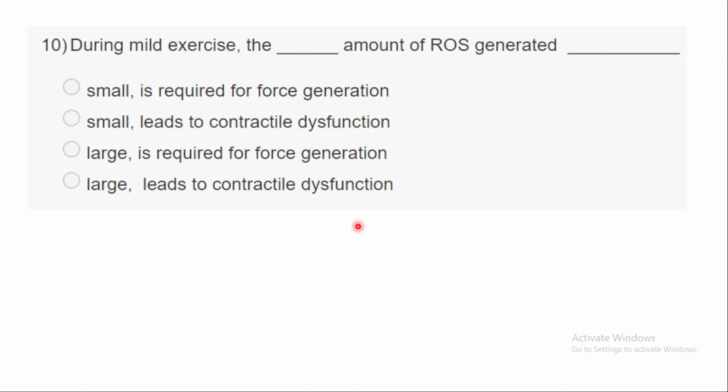So any students who haven't gotten a chance to answer these questions, please try to answer. During mild exercise, what do you think is the relation between ROS and muscle activity? Basically, the question is about that.